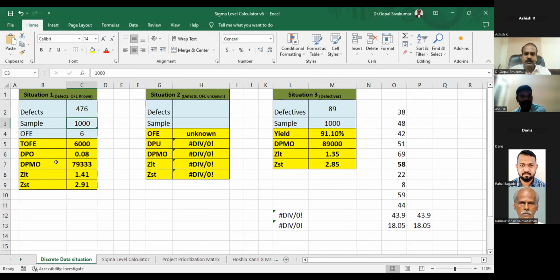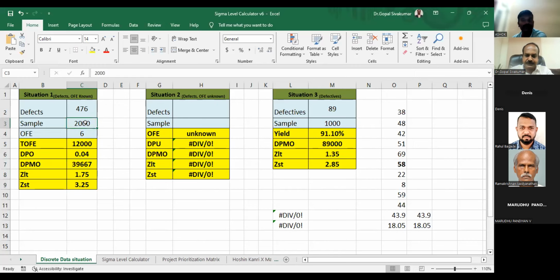You really don't have to memorize anything. You need to know how to handle a situation. Hundreds of questions can be framed and you can solve all of them. Instead of 1000, if it becomes 2000, then performance improves. You can see that your ZST is going up and your DPMO is going down.